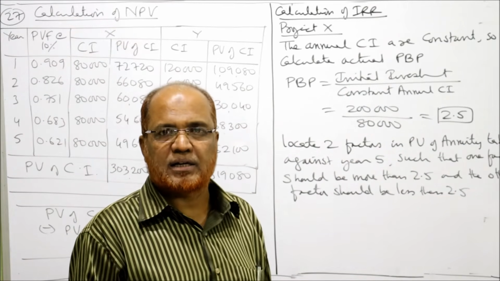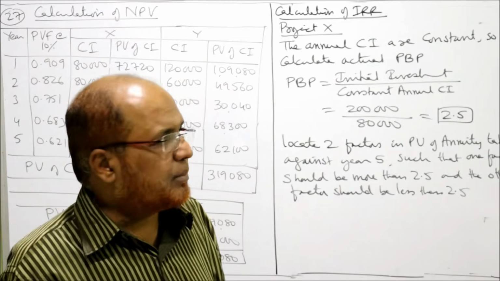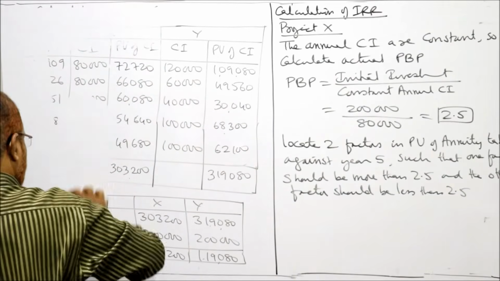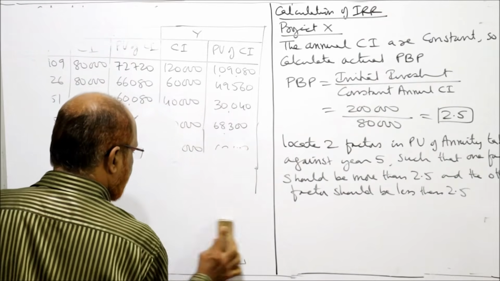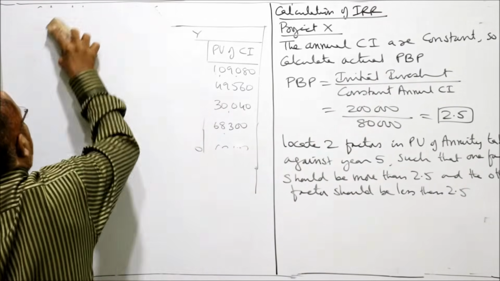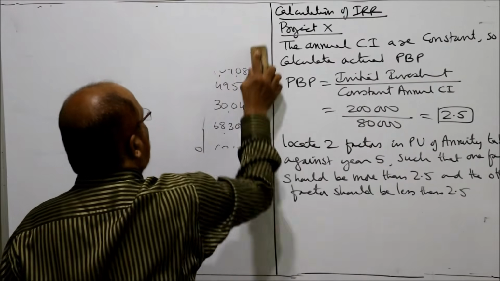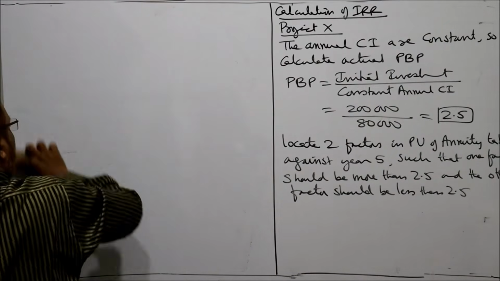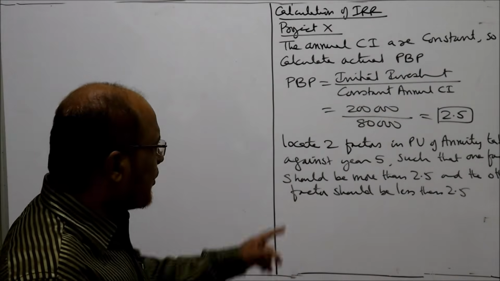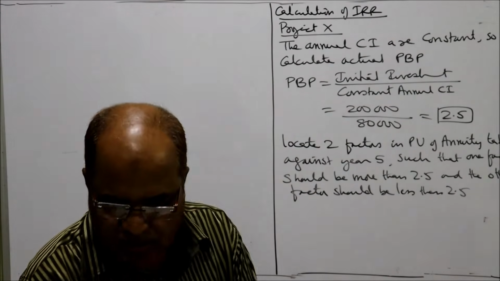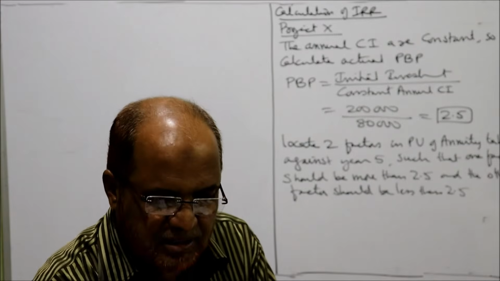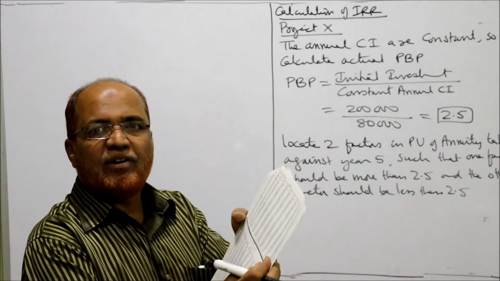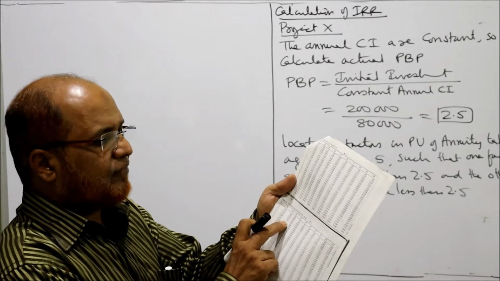2 factors will be located in PV of annuity table against year 5. So this is the PV of annuity table, and PV of annuity table against year 5.